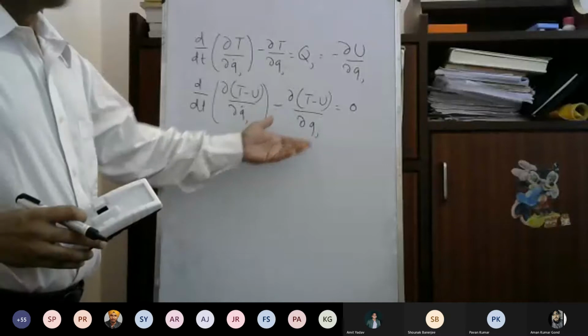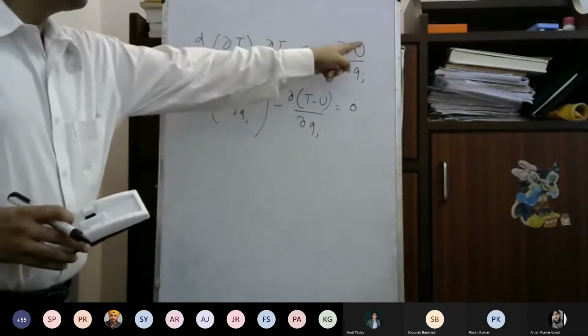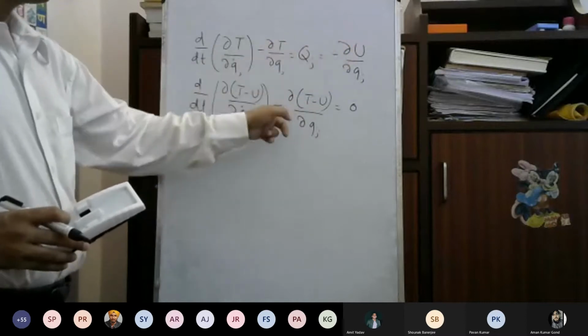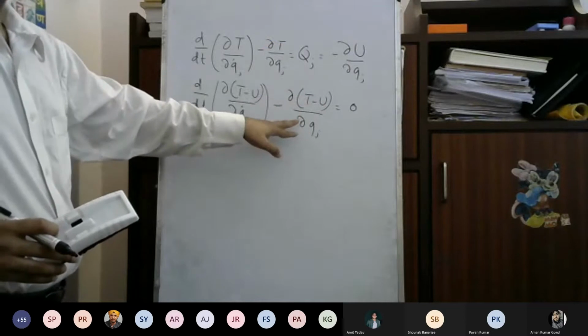This part actually becomes 0 because del u del qj dot is 0, but when you transfer the other term to the left hand side, it becomes positive, and that's why you have T minus U del qj. Fine?